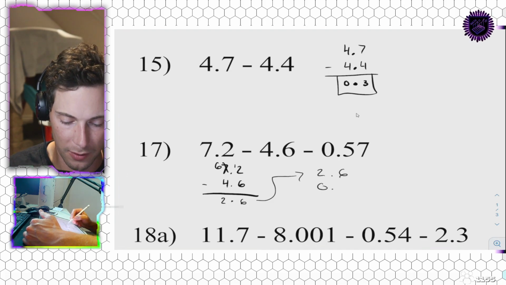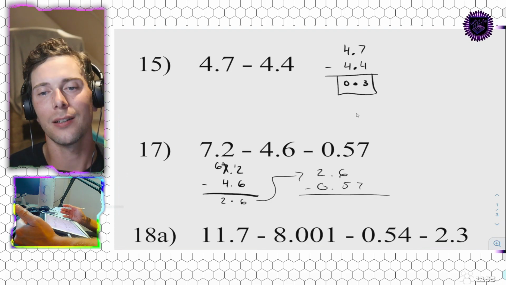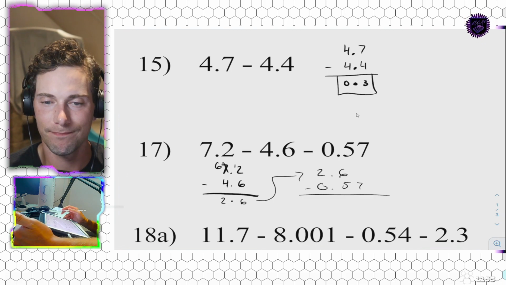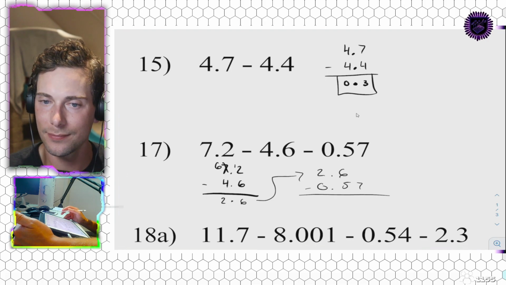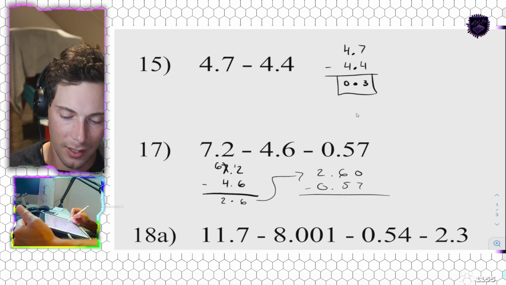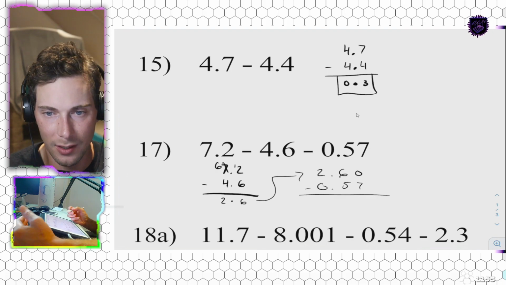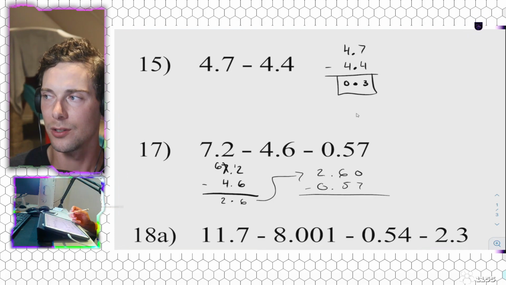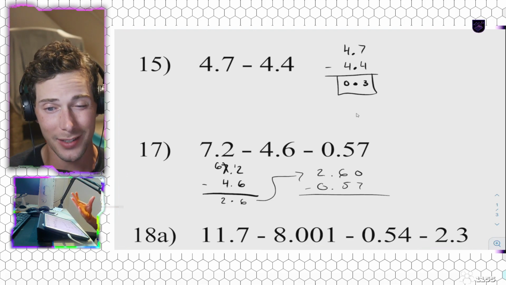0.57. Take away, but we don't have the right number of place value in the top. 6/10 and 57/100. That doesn't mesh too well, so we want to put a 0 there. Now, I strongly encourage you to start thinking about numbers more flexibly.